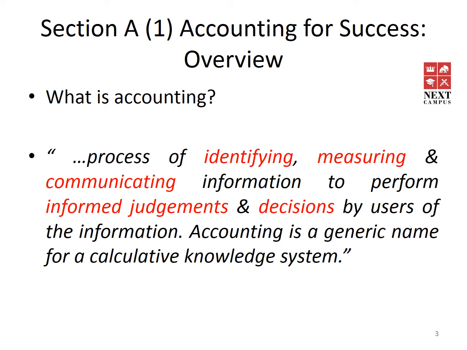For example, the sales, purchases, and cash payments recorded by a business in accounts will be used by the managers or maybe the shareholders for the purpose of decision making. That's the example that I can give you. So remember the definition, because it will be useful for you in future as well.